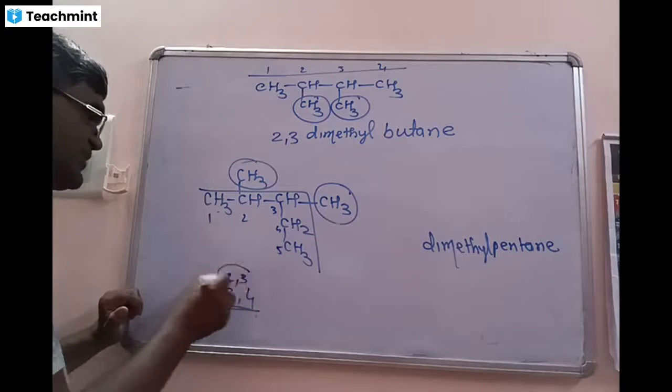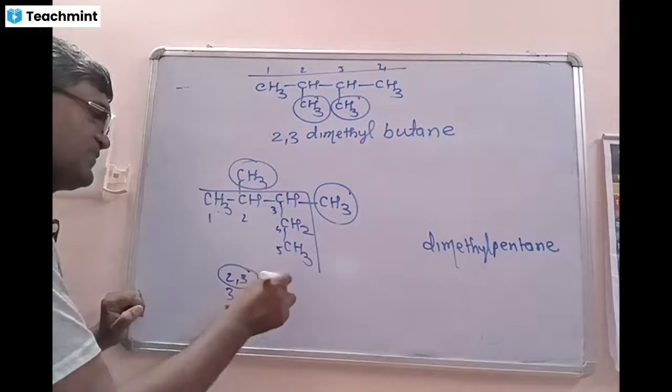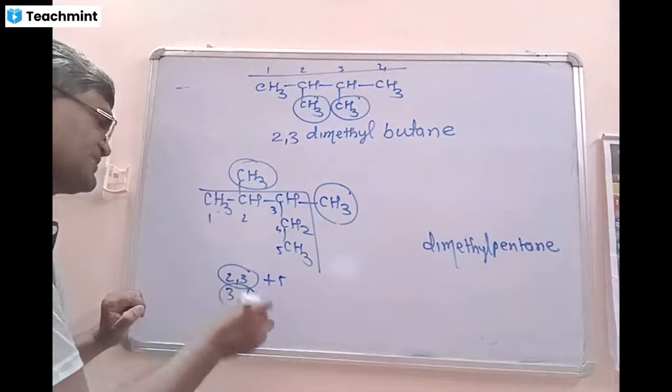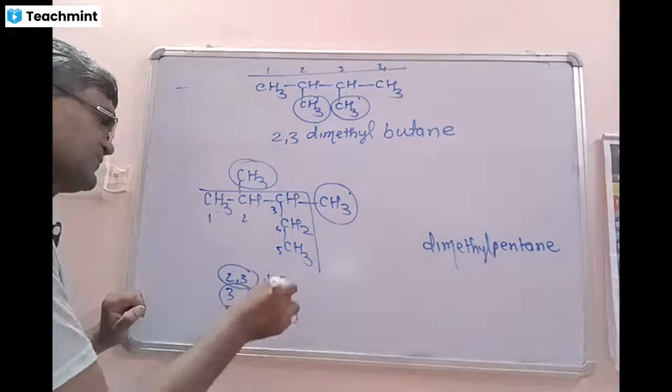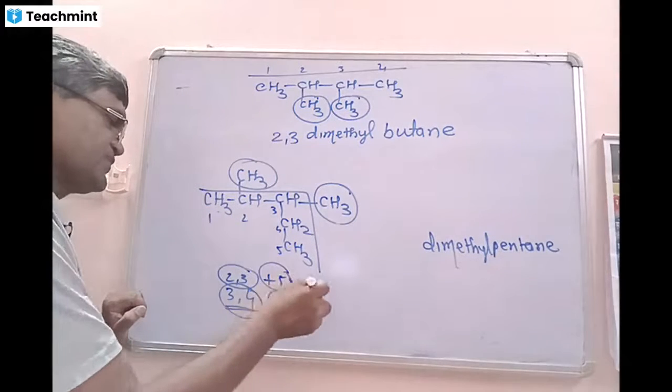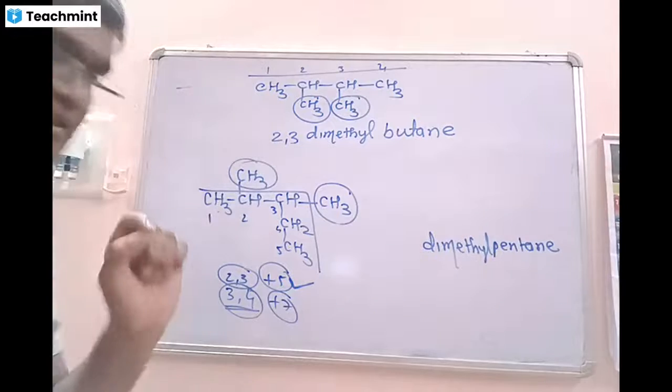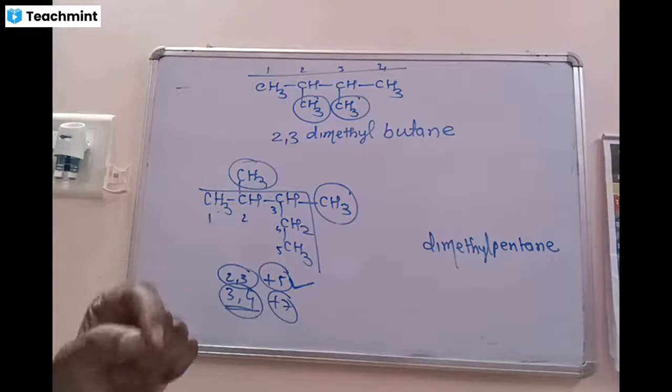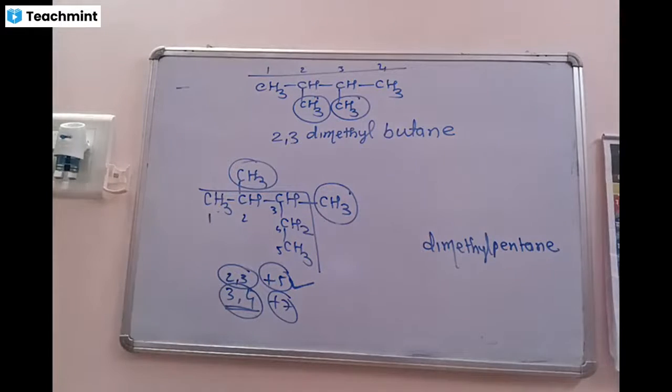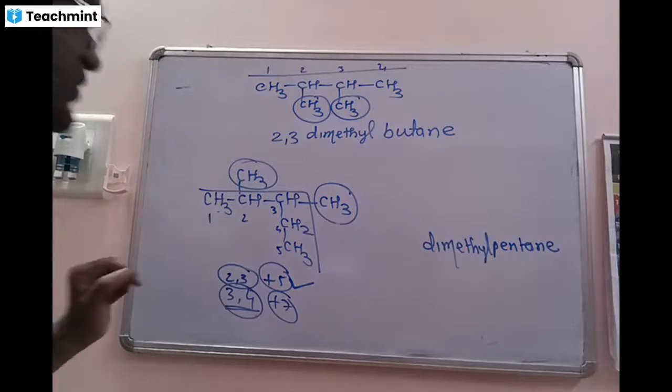Okay. If you are unable to judge, then what to do? Just add these two numbers. Their sum will be 5. Add these two numbers, there will be a sum. The positions whose sum is minimum or less will be selected as the correct positions. This is called as what?